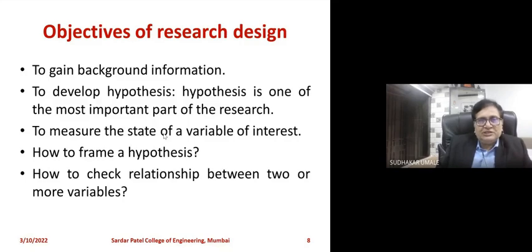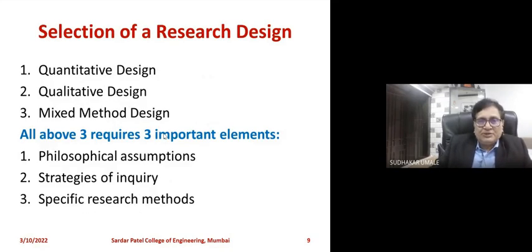Once you understand the objectives of research, you go to the next topic, that is the selection of research design. So before you start your research problems, you go to the correct way of research design, and hence we have to select a particular research design area.